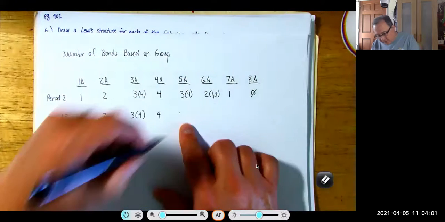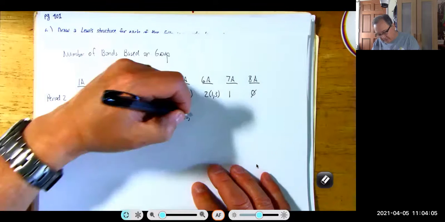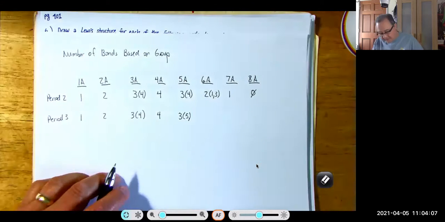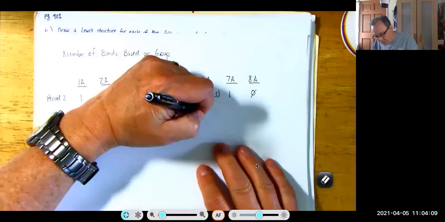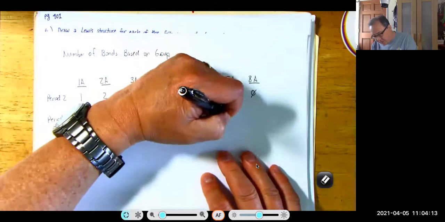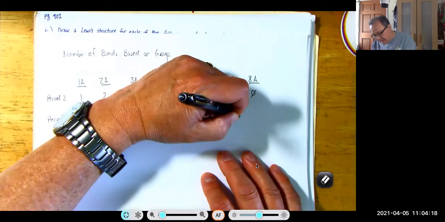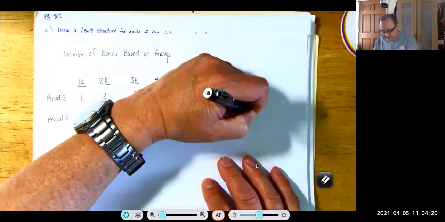For 5A, it's 3 or 5. Here it's 2 or 4 or 6. And here it's 1 or 3 or 5 or 7. And here it tends to be 0.